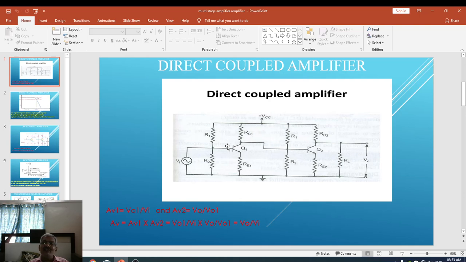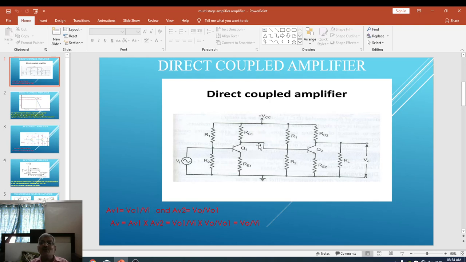If we consider AV1 to be the gain of the first stage amplifier, with Vi as the input voltage and VO1 as the output voltage, the gain of the first stage is AV1 equal to VO1 upon Vi.